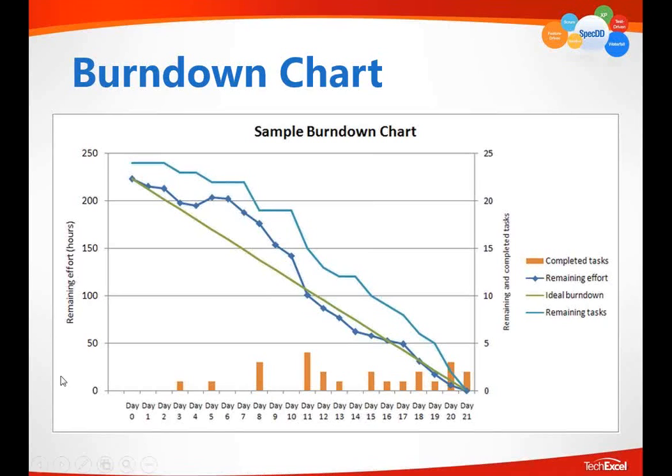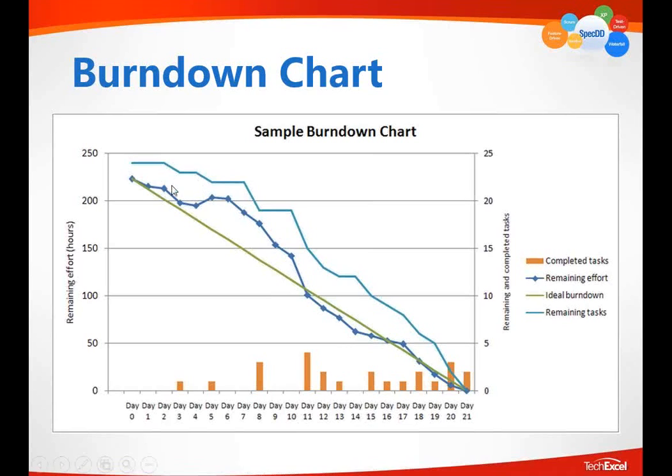So the time remaining, when practiced right by each team member, is going to show the true progression of the tasks being done, effort by effort, hours by hours, day by day, by each of the team members. So it can predict whether we're going to be on target to finish the sprint or not.